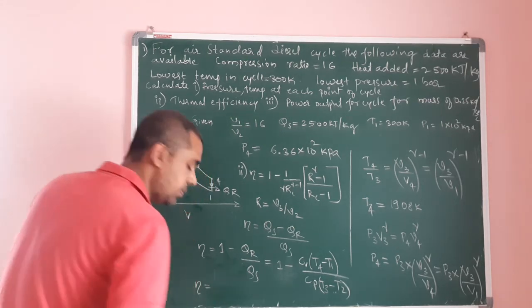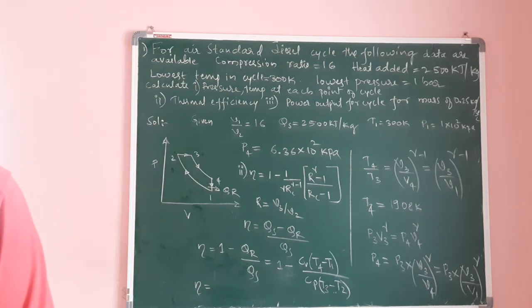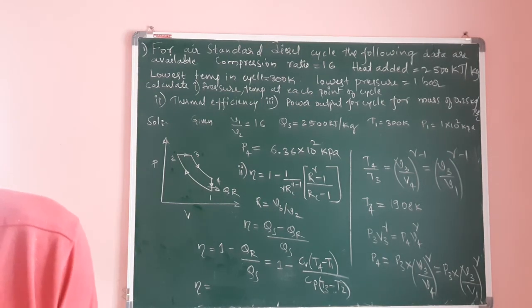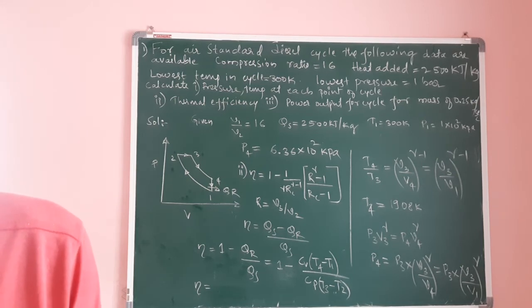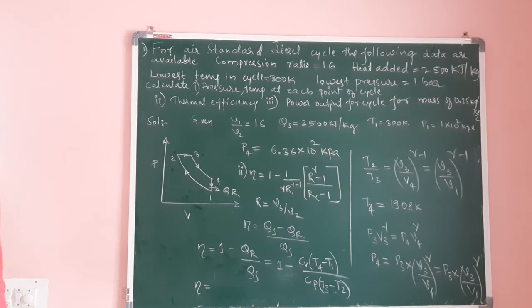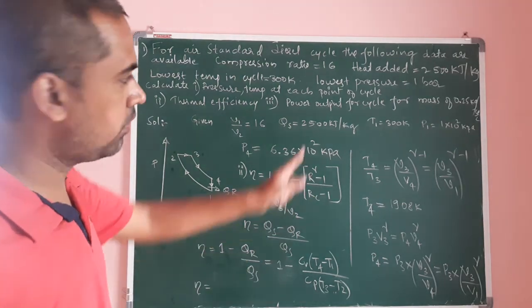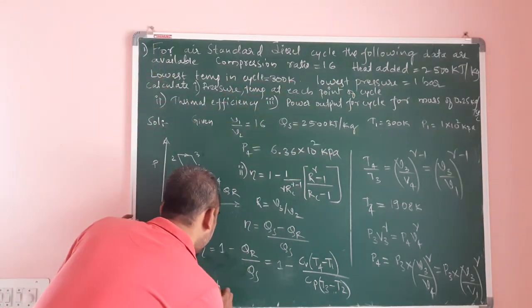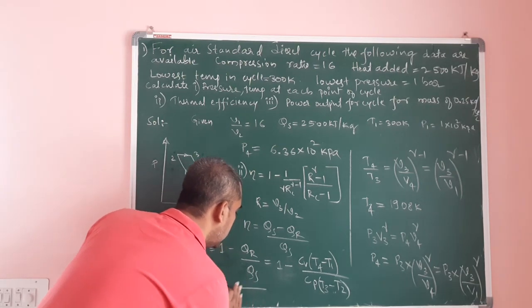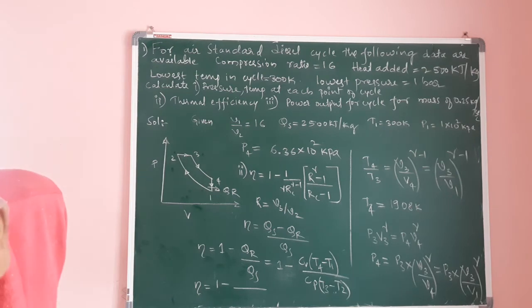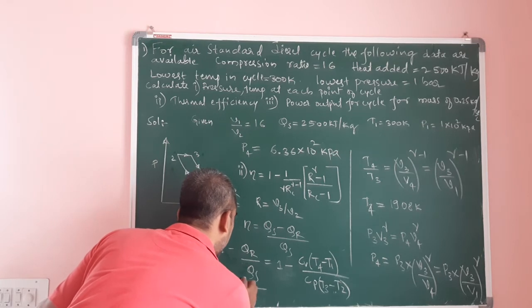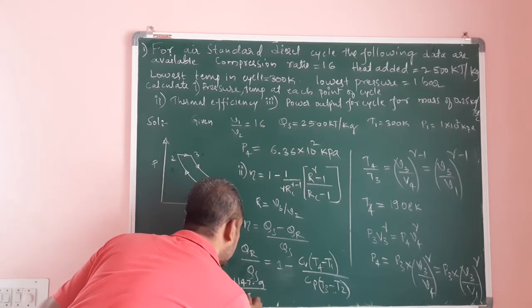You will get thermal efficiency 54.8. You will get QR equal to 1147.9, and QS they have given as 2500. Efficiency is 1 minus QR divided by QS.